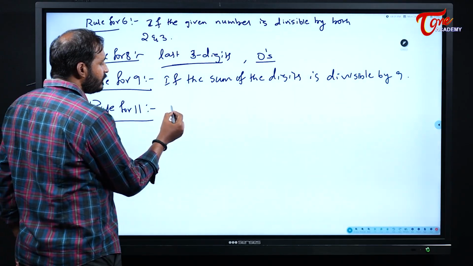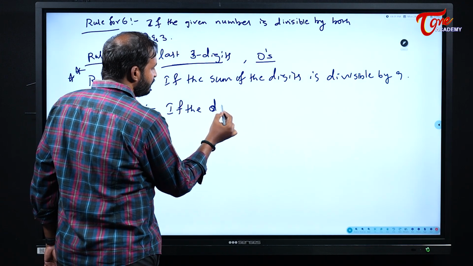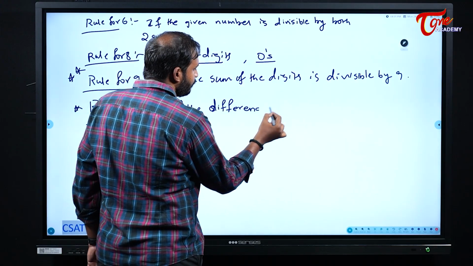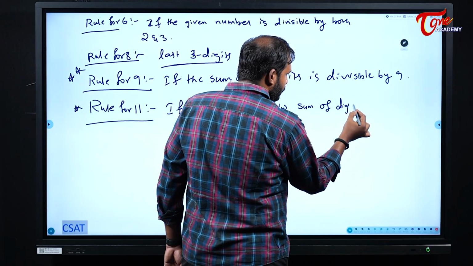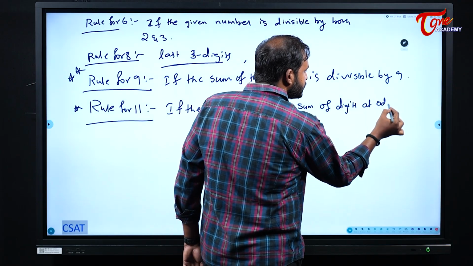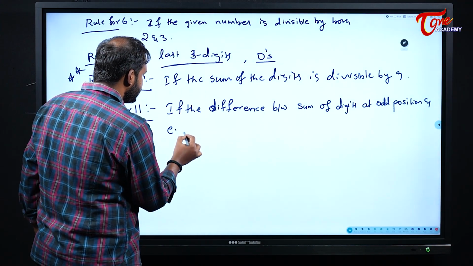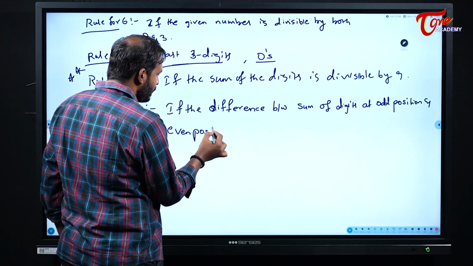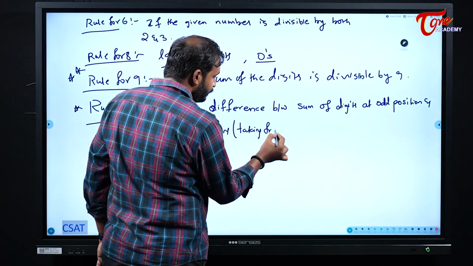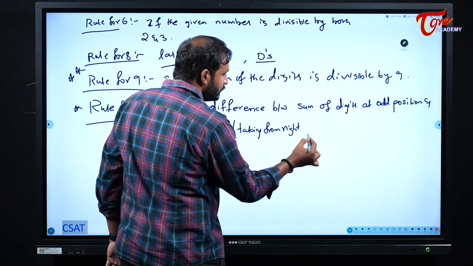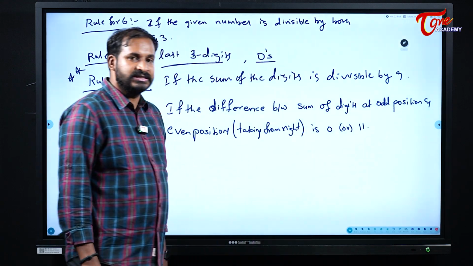If the difference between the sum of digits at odd positions and even positions, taking from the right side, is 0 or 11, then that number is divisible by 11.